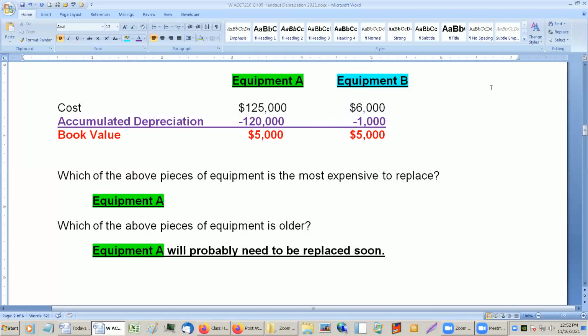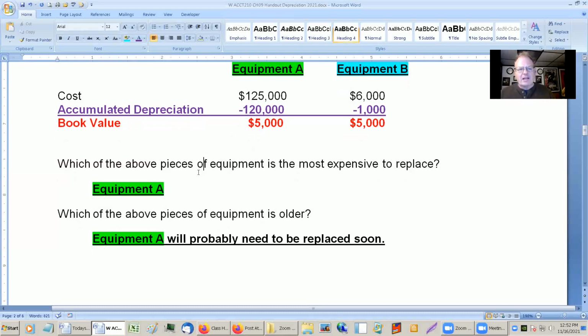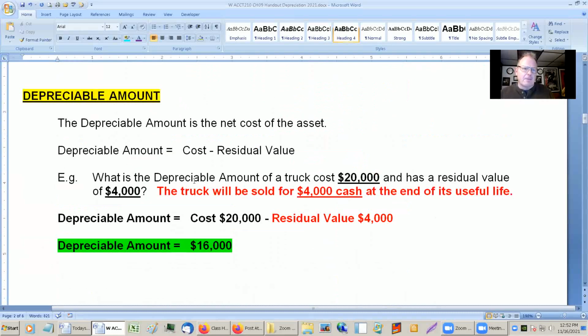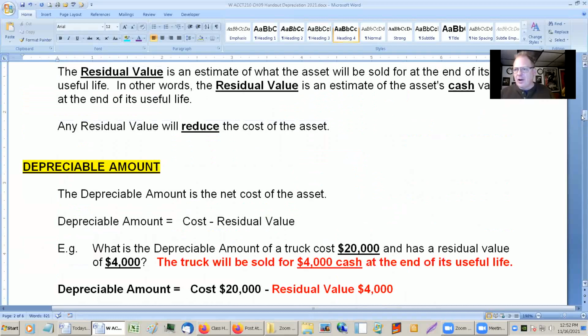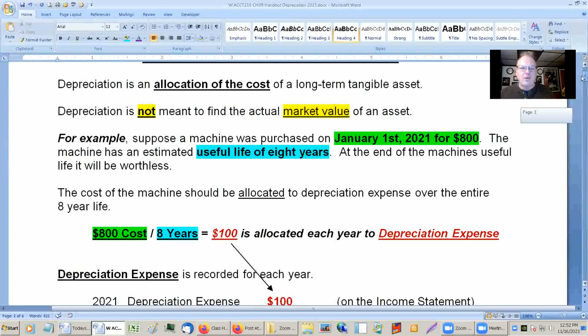So again, it's just more information to give to managers, to people like yourselves soon. You want to make decisions and you want to look at the books and know what you're looking at as far as equipment and all that stuff. So that's why we keep it. Why do we do all this?